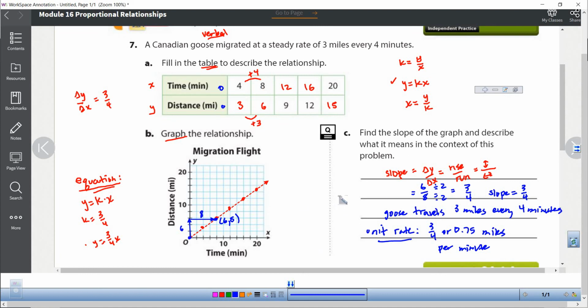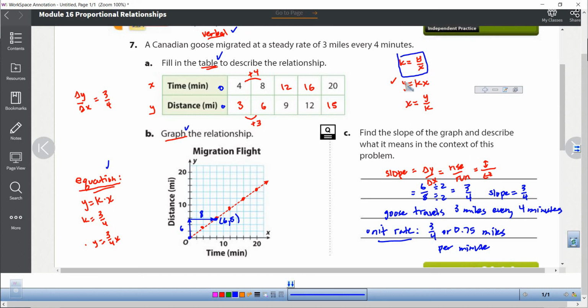So just to remind us of all the things we just went over, we talked about 4 ways to represent a proportional relationship. You have the verbal representation, the table, the graph, and the equation. You can find that constant of proportionality by taking any of the y values and dividing them by the x value.